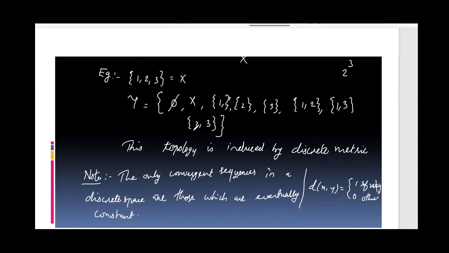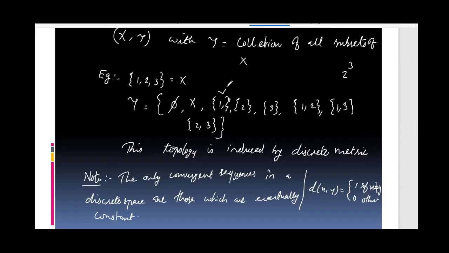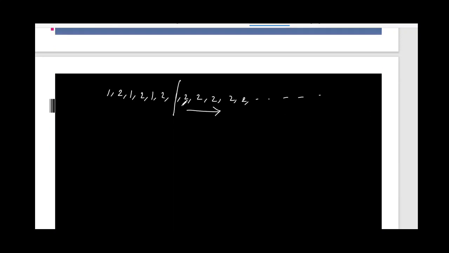The open sets which contain 1 are {1}, {1, 2}, {1, 3}, and X. So this many open sets will contain 1. Now check whether all these open sets contain the terms of the sequence after a particular stage. It is not possible since we are taking {1}. 2 is not contained in {1}, after a particular stage. So this sequence cannot converge to 1.